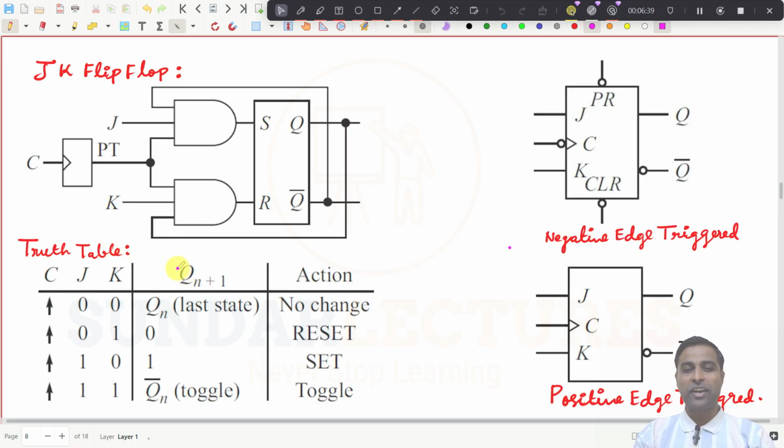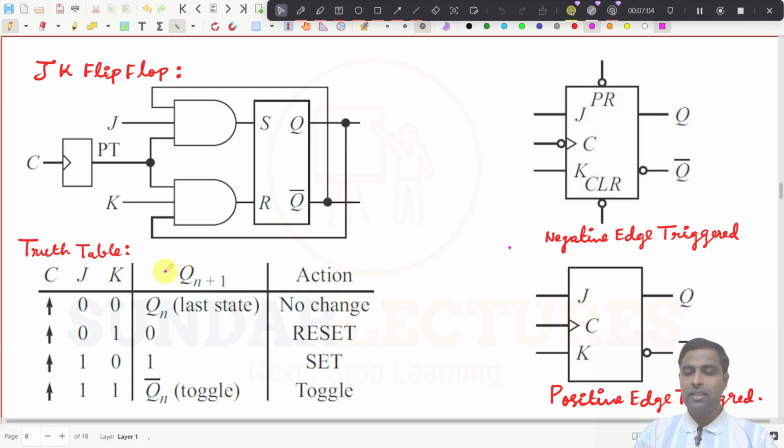And now we are going for the JK flip flop, and the JK flip flop is also the same as the SR flip flop, but only one condition we are going to neglect here. Well, it's not neglecting, we are going to add that condition into the flip flop. What is the condition we have left in the SR flip flop?